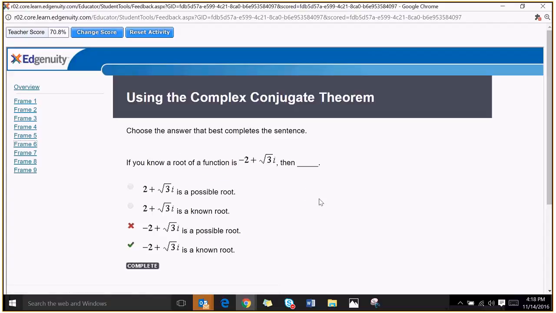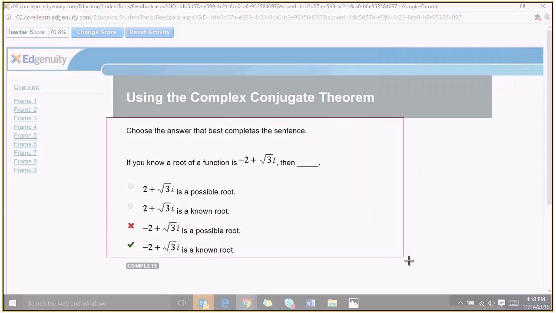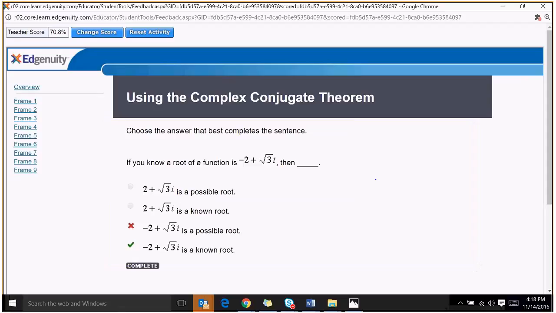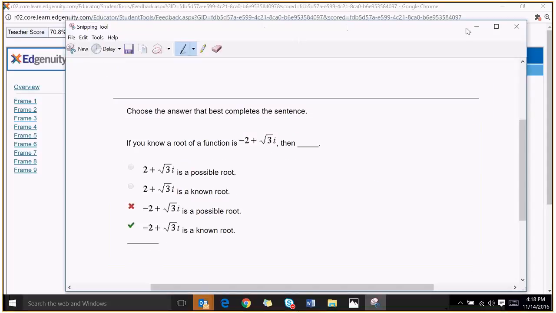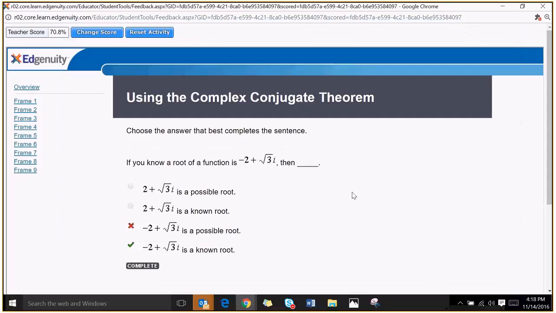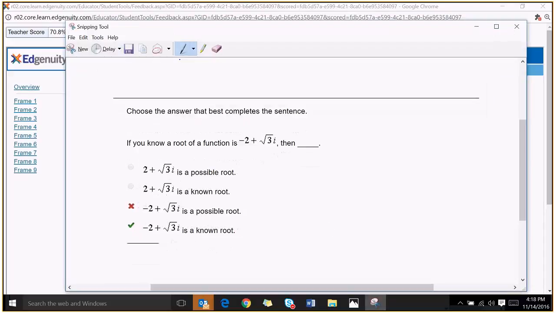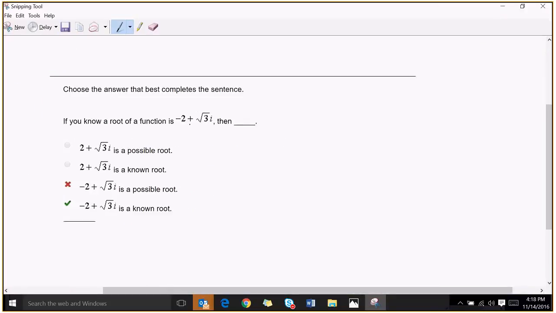All right, so here they're saying choose the answer that best completes the following sentence. And remember, this all goes back to that whole idea of understanding the difference between a root or an intercept. But it says, if you know that you have a root that is -2 plus square root of 3i.